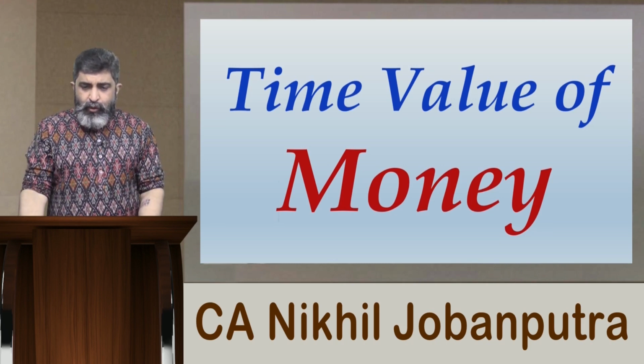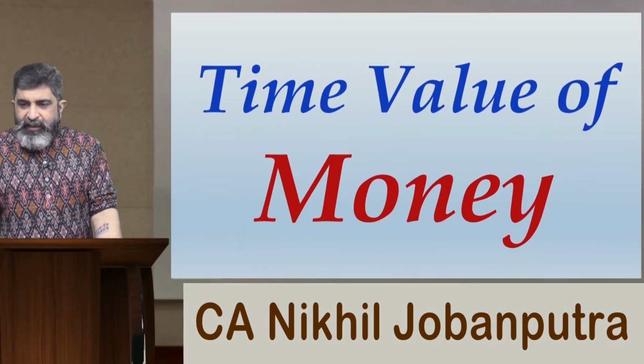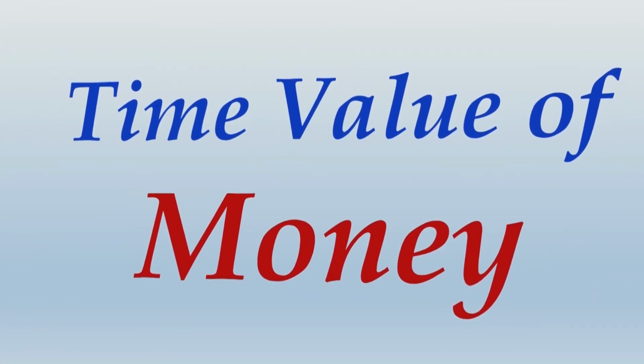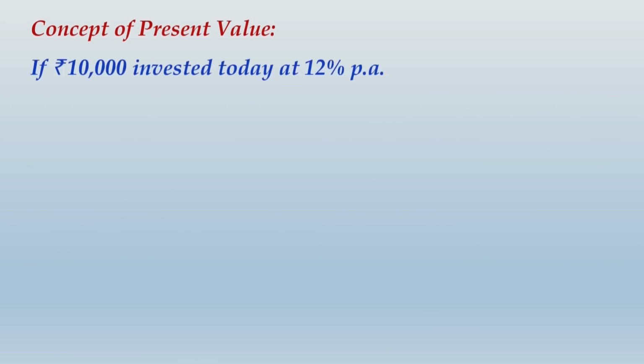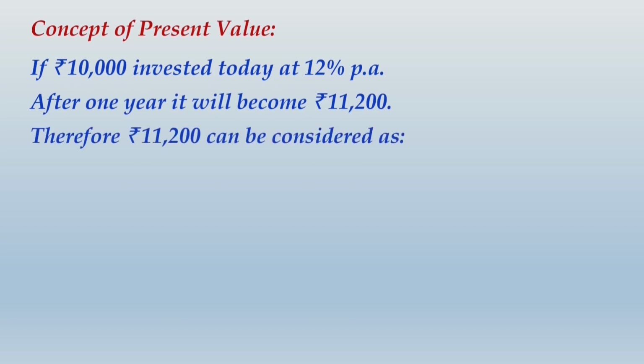So let me do one thing over here. Let me give you some important notes. First of all, under the heading time value of money, you may please write up this small concept of present value. If rupees 10,000 is invested today at 12% per annum, after 1 year it will become rupees 11,200. This is what I have just explained in that example given to you. Therefore, rupees 11,200 can be considered as future value of today's rupees 10,000.